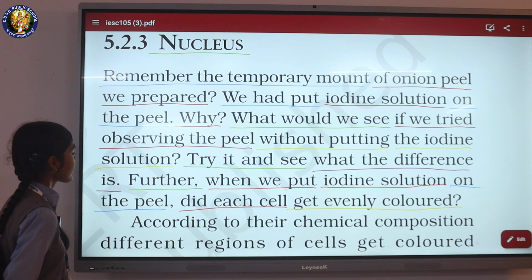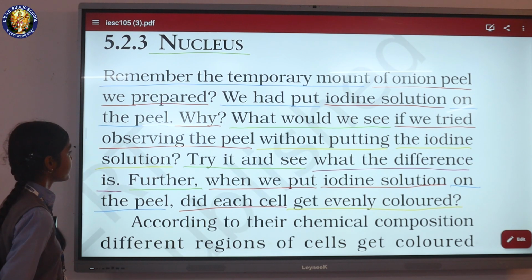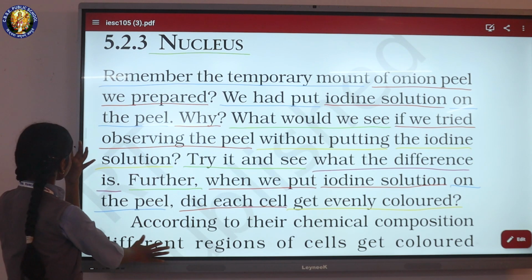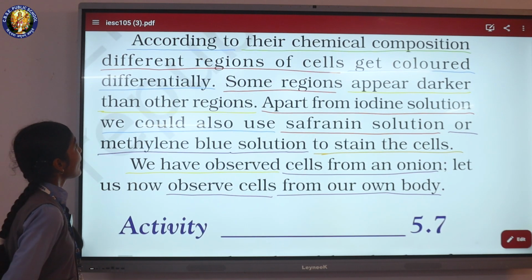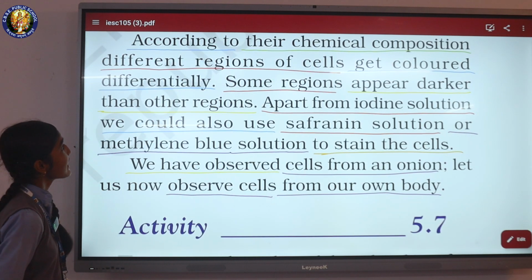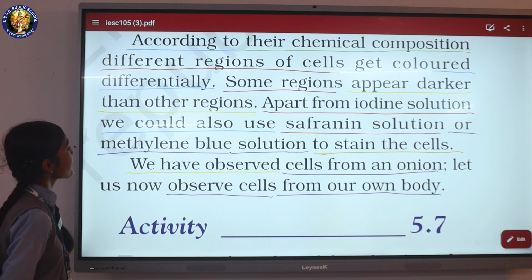Further, when we put iodine solution on the peel, did each cell get evenly colored? According to their chemical composition, different regions of cells, some regions appear darker than other regions.